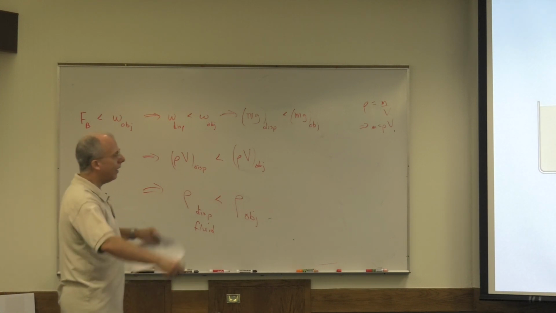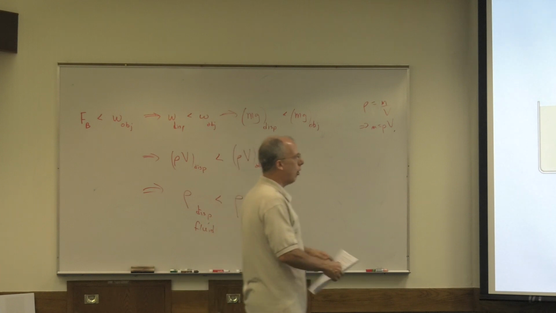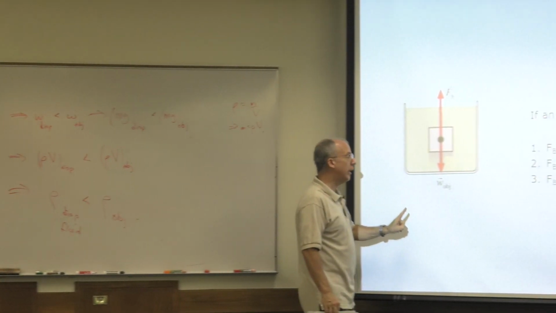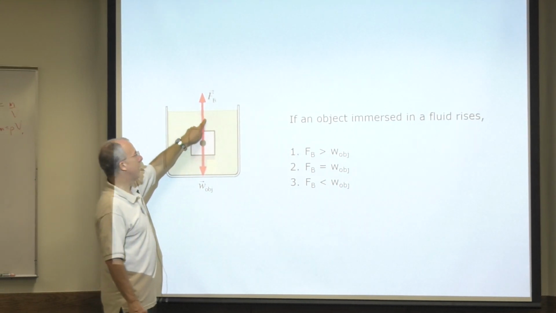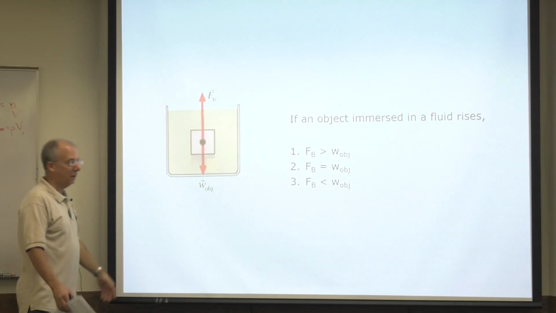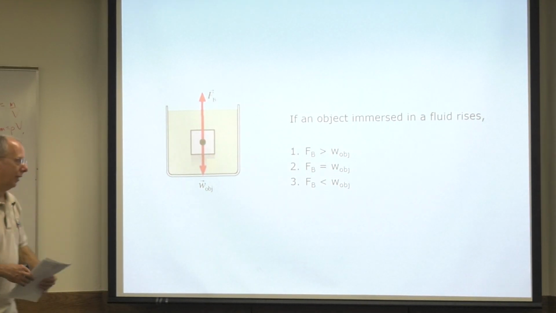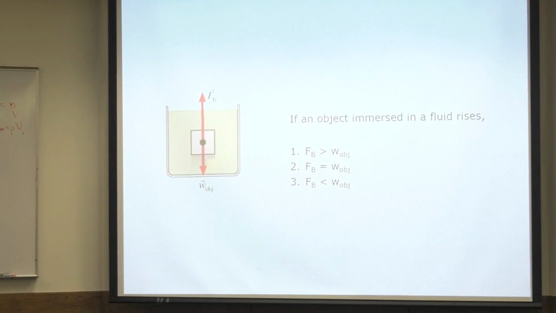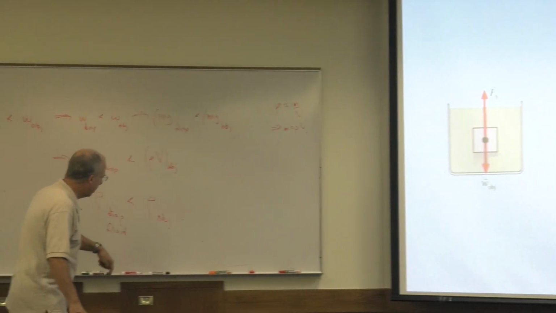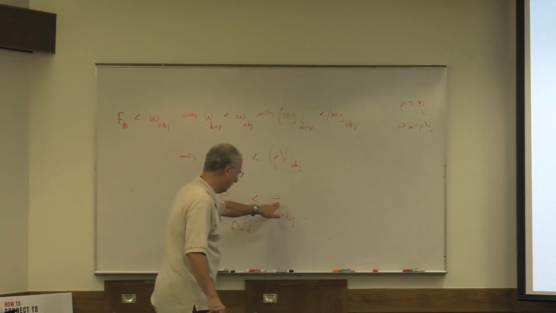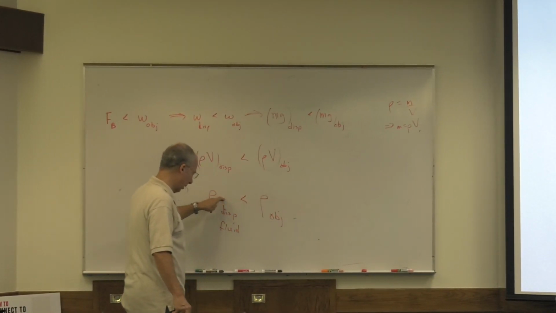All right, how about this? If an object immersed in a fluid rises, well, then it's accelerating this way, so the net force is this way, so the buoyant force has to be greater than the weight. All right, well, what does that mean for the densities? Well, you can figure it out, right? So if this one sunk, the density of the object was greater than the density of the fluid.